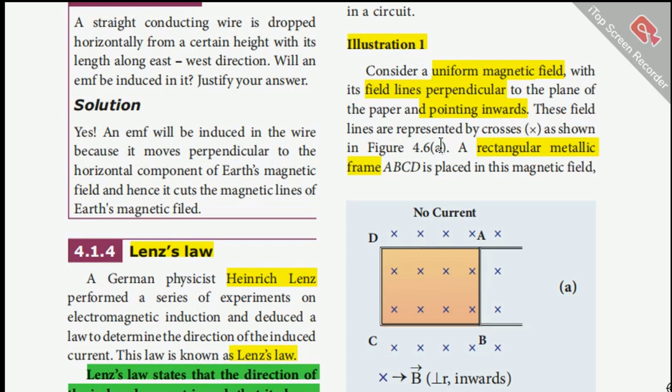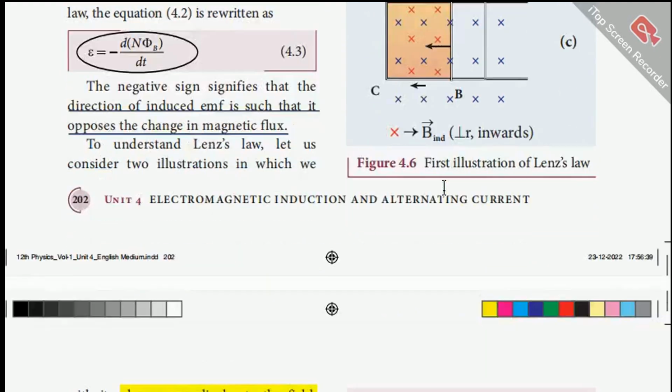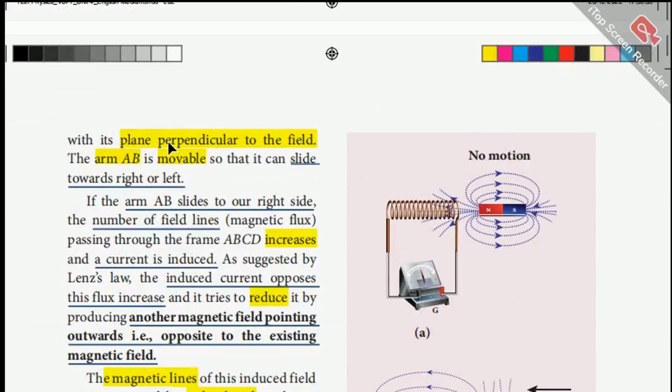These field lines are represented by crosses as shown. A rectangular metallic frame ABCD is placed in this magnetic field, in a plane which is perpendicular to the field. Now the arm AB is movable so that it can slide towards right or left.